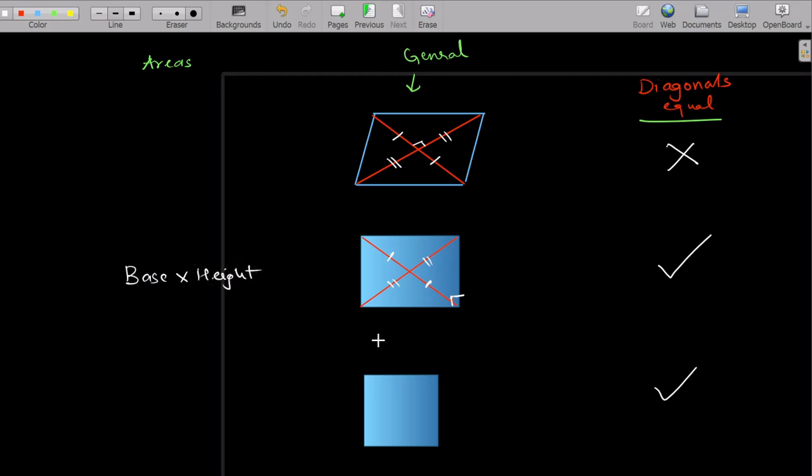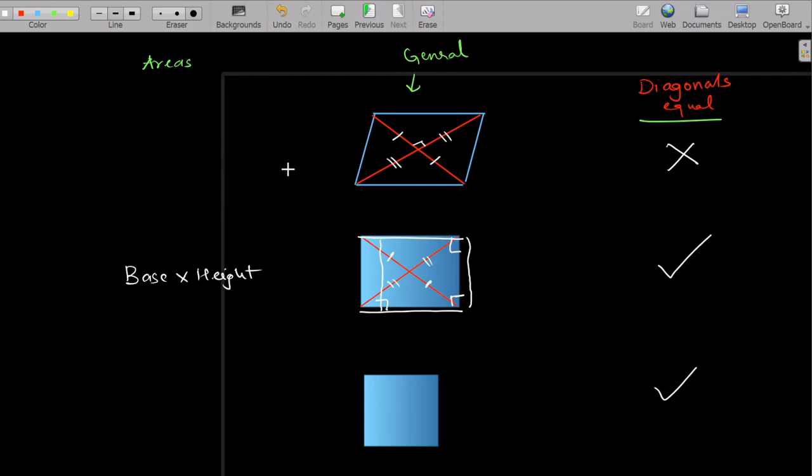Base times height. And the base can be any side. So if this is the base, then this will become the height, the perpendicular distance. And if you're taking this length as the base, then this would become the height. Now this same formula applies to all the figures except the trapezoid.